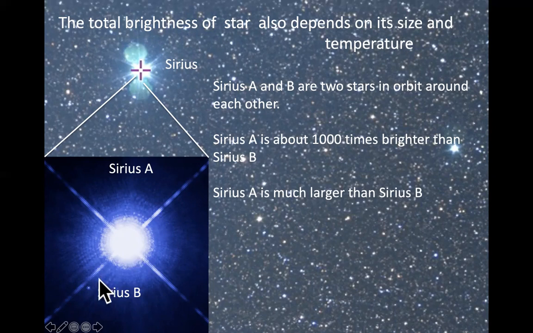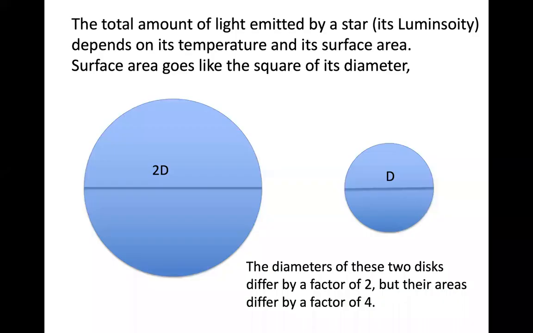So stars do also differ in the total amount of light they generate. And that arises due to their physical properties. Most importantly, their size and temperature. The size aspect is a little easier to understand. The total amount of light an object produces depends on how big it is.